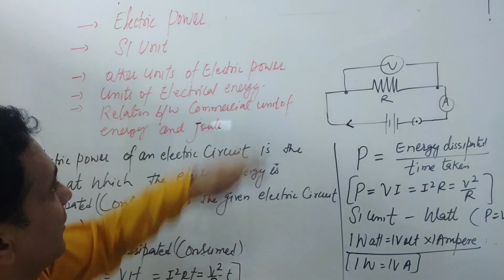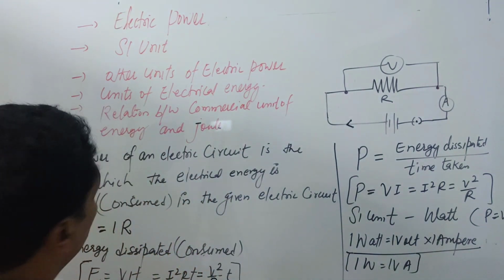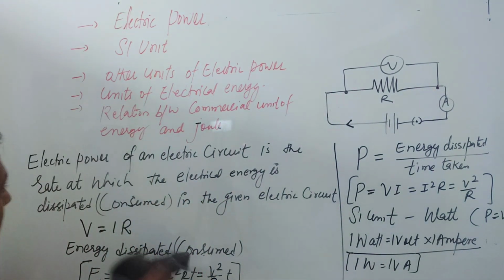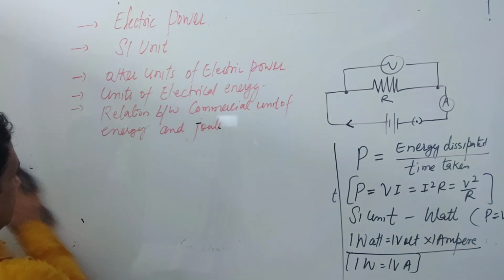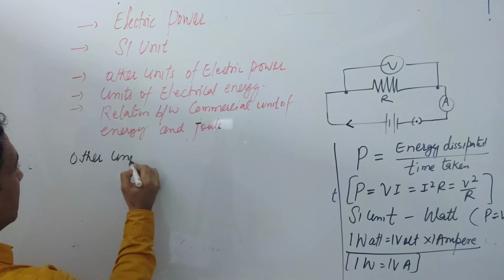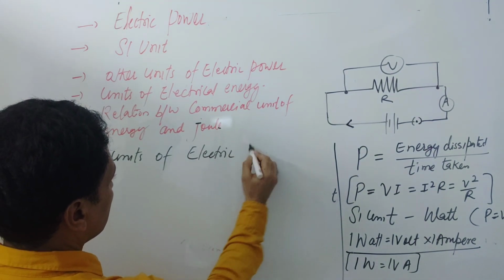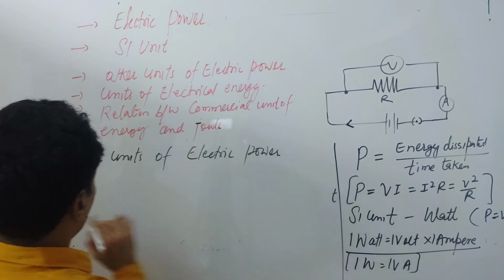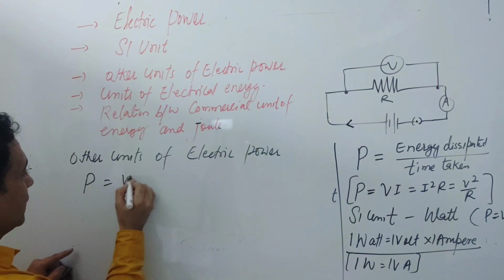Then other units of electric power. Here we write P is equal to VI.